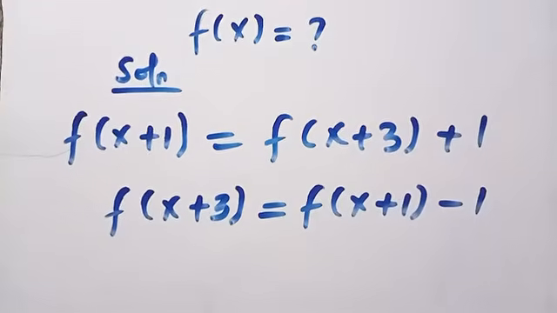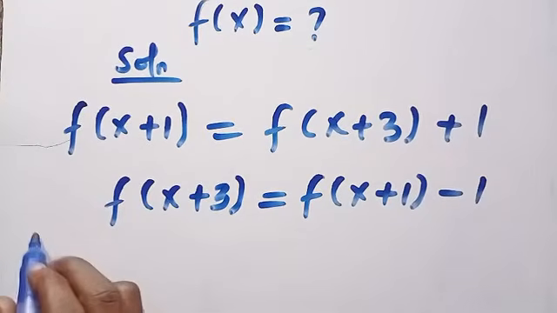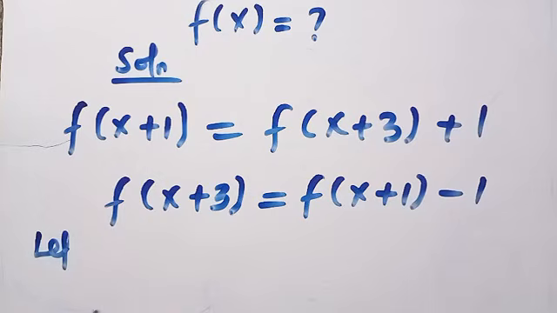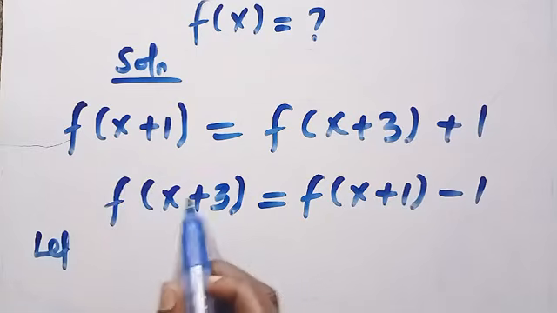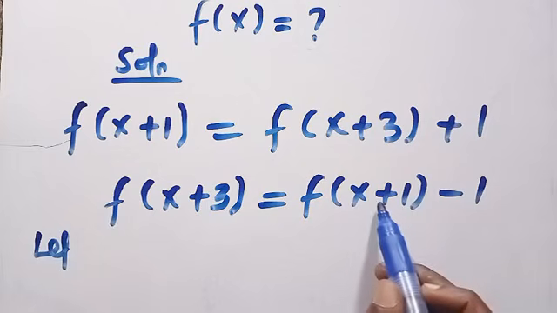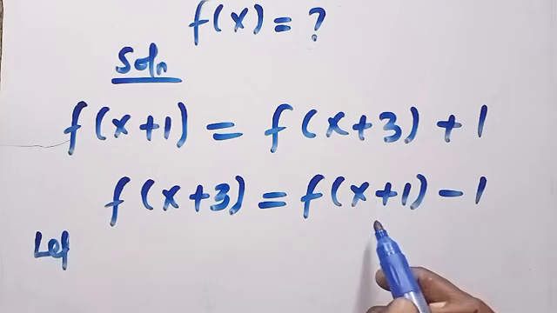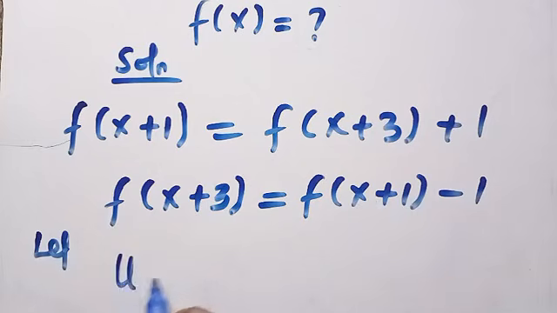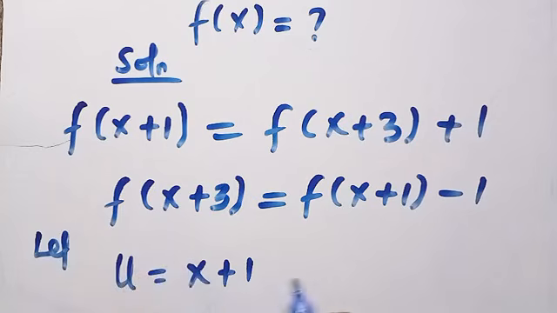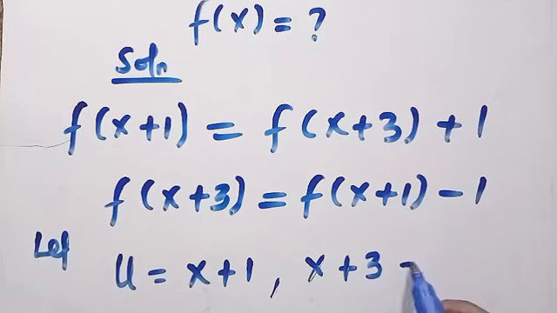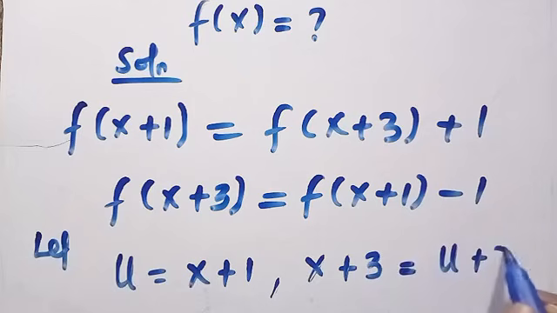Let's change the variable here. Suppose I let x plus 3 here, or let me take it from the lowest one, which is x plus 1. If I let u be equal to x plus 1, it shows that for every x plus 3, we are going to have it as u plus 2.